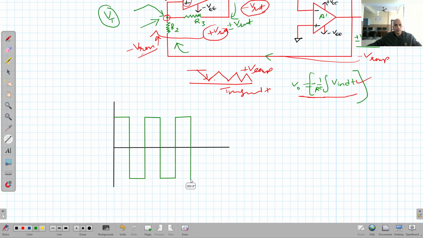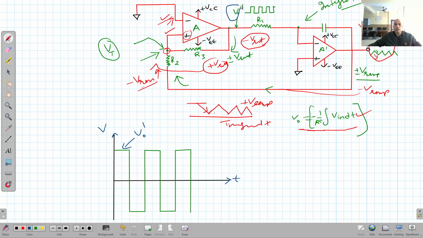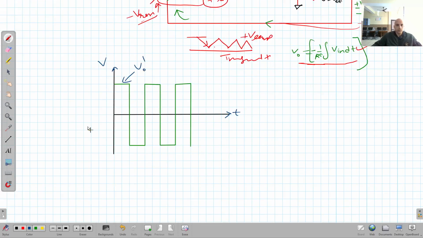This axis is time, and this is voltage. This is what I have shown you here as V output dash. Now this is 0, this point is plus V saturation, and this point is minus V saturation.